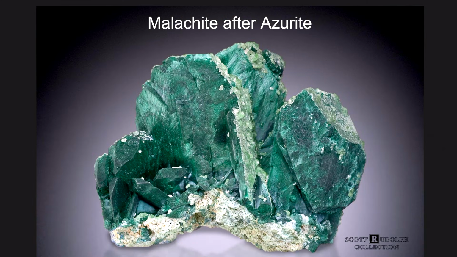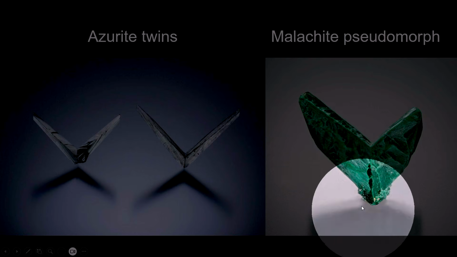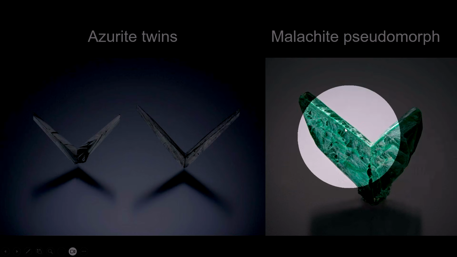Here's another blocky blade-like crystal with some smithsonite on it. And here's a particularly interesting pseudomorph of malachite after azurite. And you can see this V-like configuration is actually a twin.